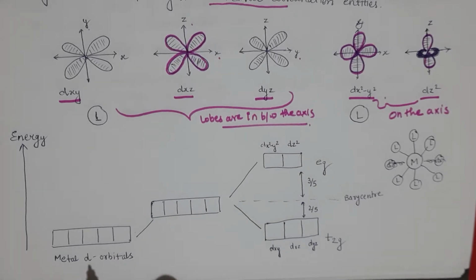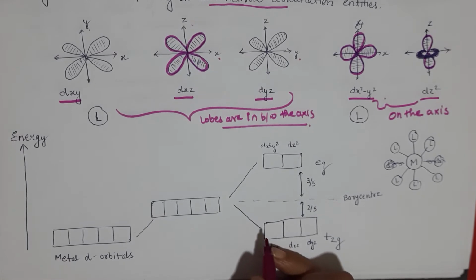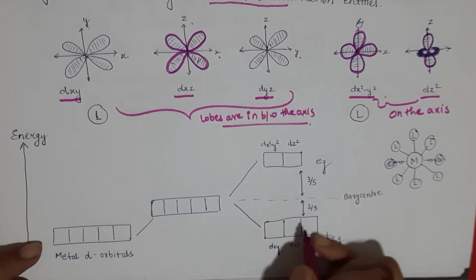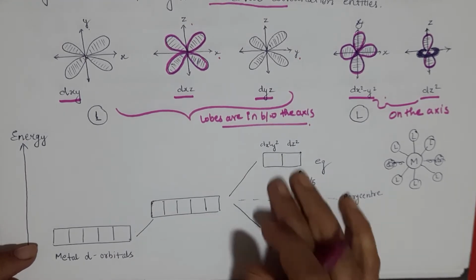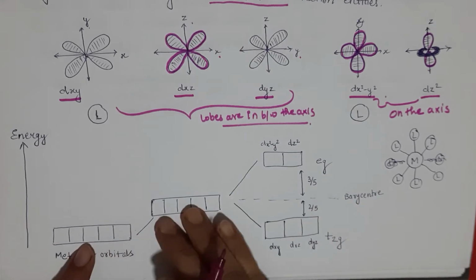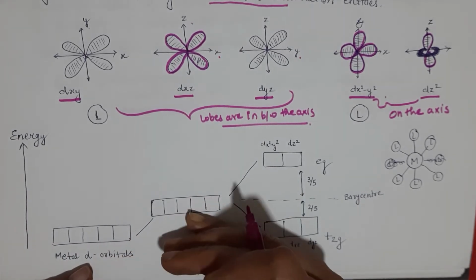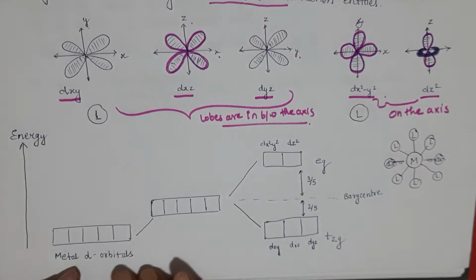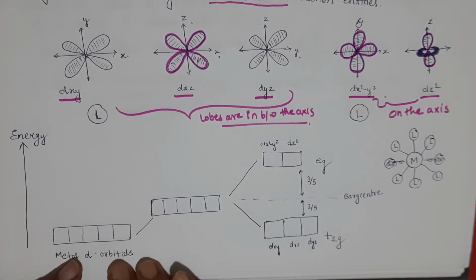Now let's study the orbital diagram. You had studied the orbital diagram. Let's now just do a quick recall of this splitting energy diagram. Here you can see the orbitals are in higher energy levels. This is the metal d orbital when there is no ligand.